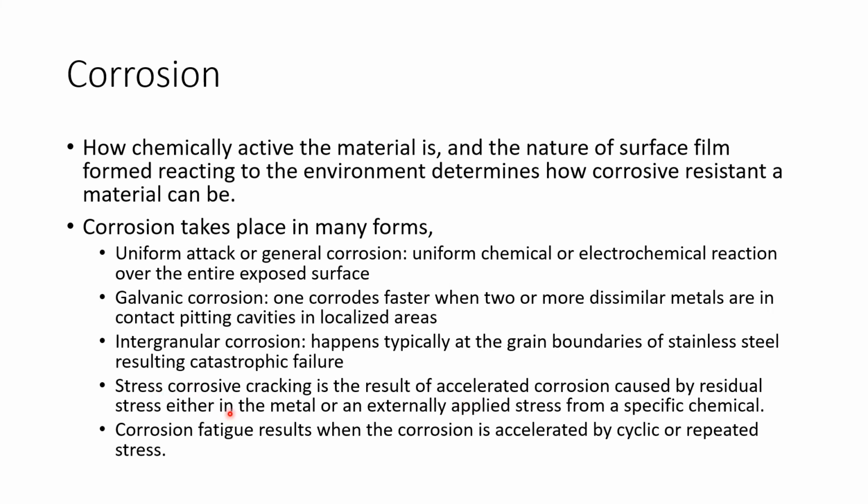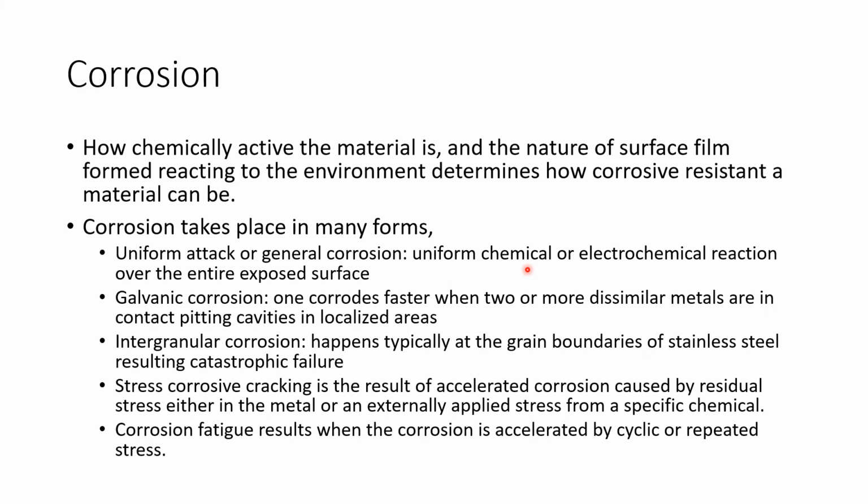Corrosion fatigue is the result when the corrosion is accelerated because of cyclic or repeated stress. Again, it's because of some stress, but that stress is repeated, coming in a pattern, regularly. So you have constant corrosion, and we call the material to be in corrosion fatigue.